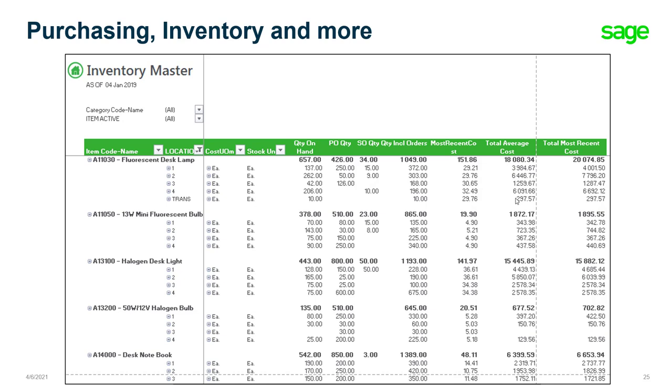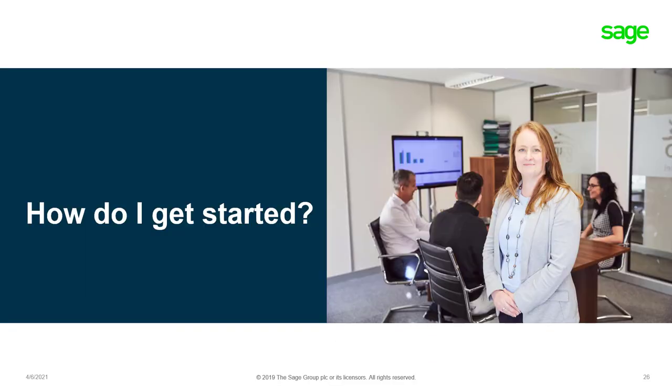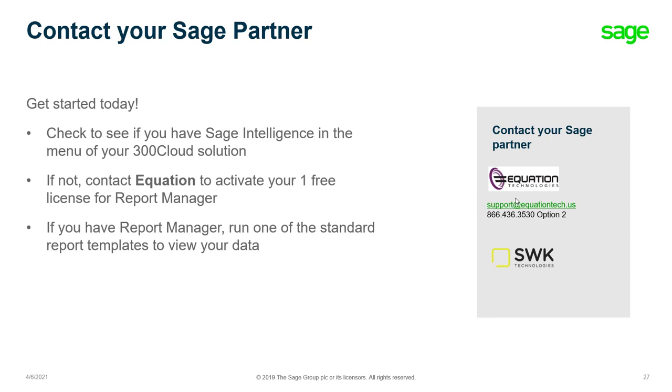I could go on, but I'm sure you're asking, how do I get started with this? It is so easy to get started. Contact the folks that have put on this great event here. Equation, SWK, seek them out. Have them activate your one free license of Report Manager and run the reports out.